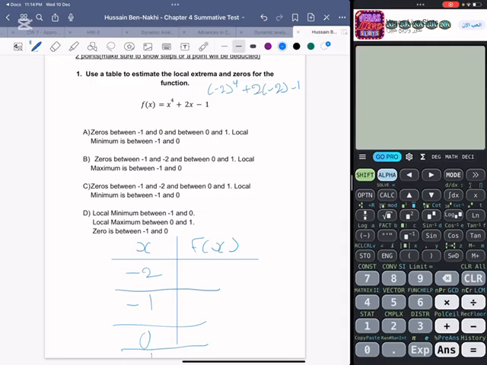So -2 to the power of 4 is 16, plus -4 minus 1. If we combine these, it's -5. So 16 minus 5 is 11. So for -2, f of x is 11.